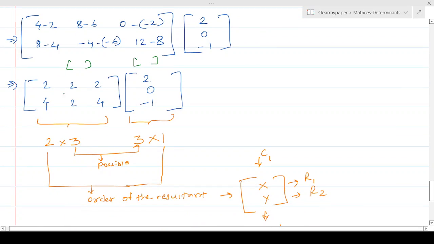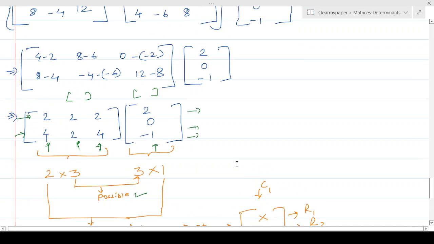So the first matrix is a 2 by 3, where we have got 2 rows and 3 columns, right? Second one has got 3 rows, okay, and 1 column. So I'm writing it. Take the inner 2 numbers, which is nothing but the number of columns on the left and the number of rows on the right. Both are matching, so multiplication is possible. And what would be the final order of the matrix?